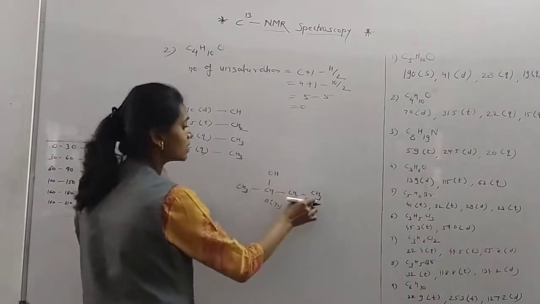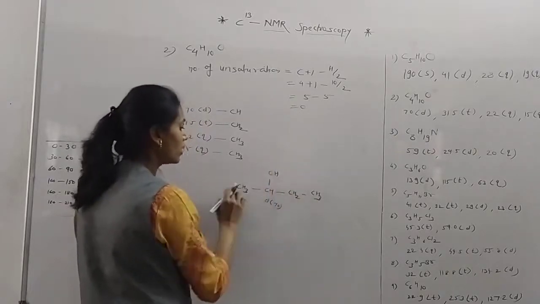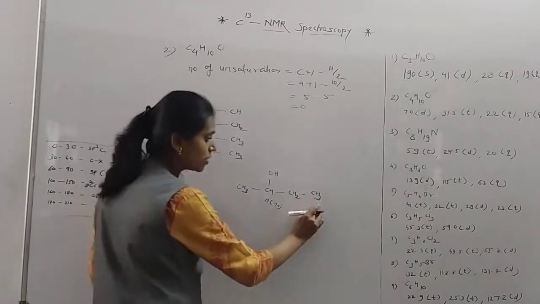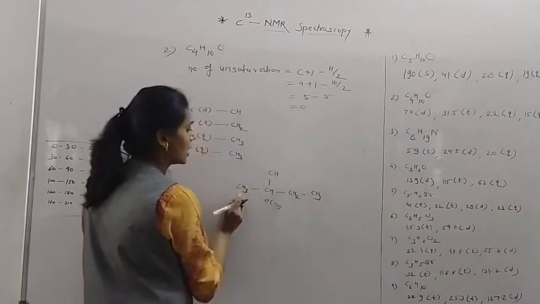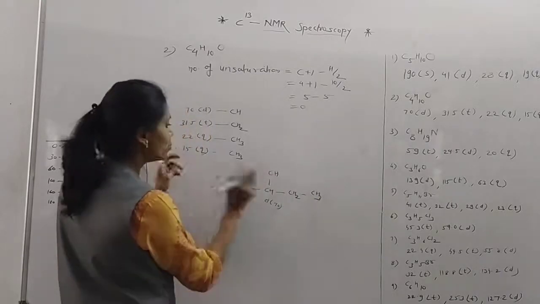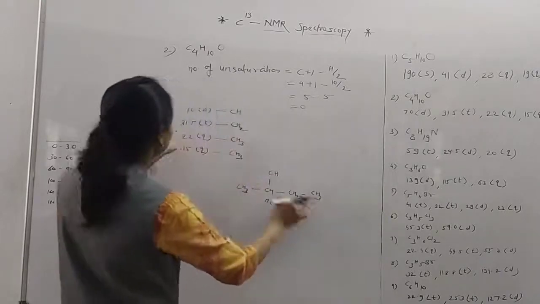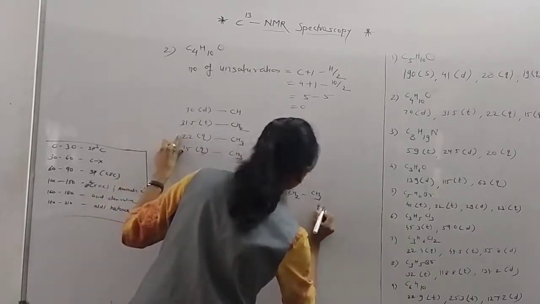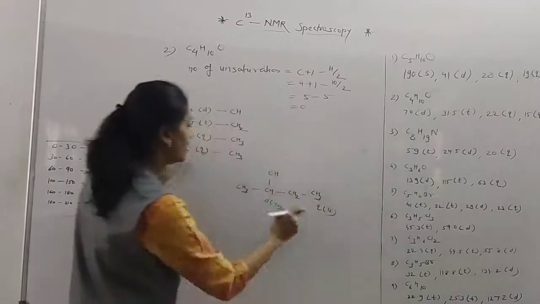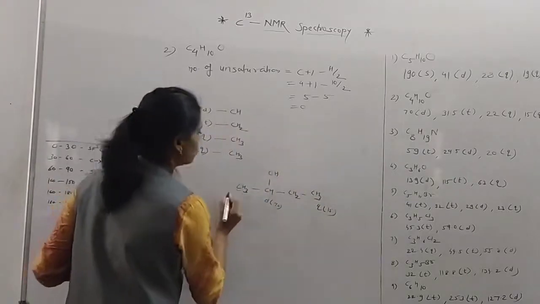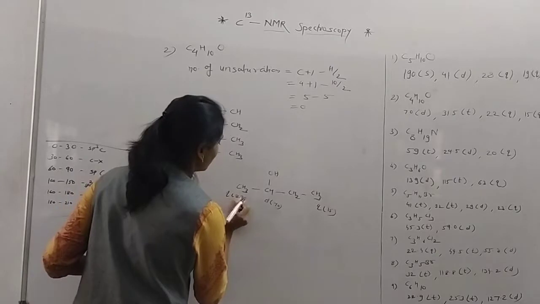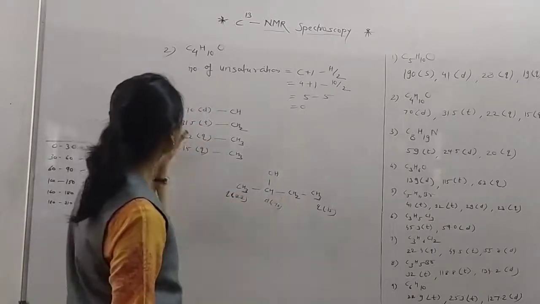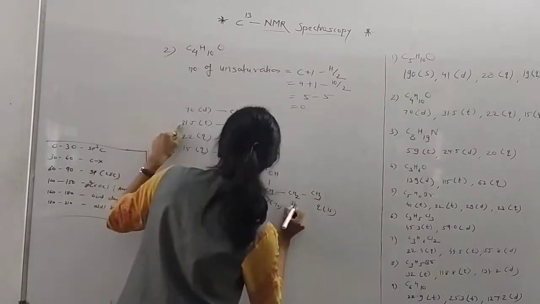That means the distance between this carbon and oxygen is more, so this CH3 group is upfield compared to that one. You know that the upfield value is less. Of these two values, the quartet at 15 is the upfield value and the quartet at 22 is the downfield value.